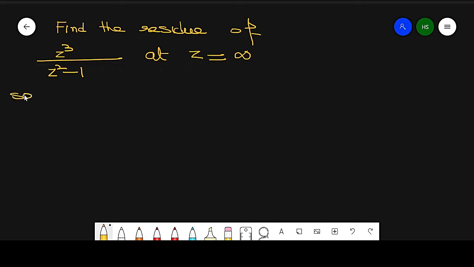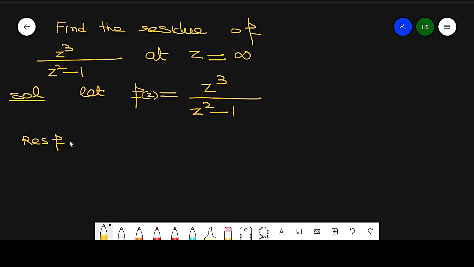Now the solution: let the function f of z be equal to z cube over z square minus 1. Now what is the residue of the function f of z at z equal to infinity?